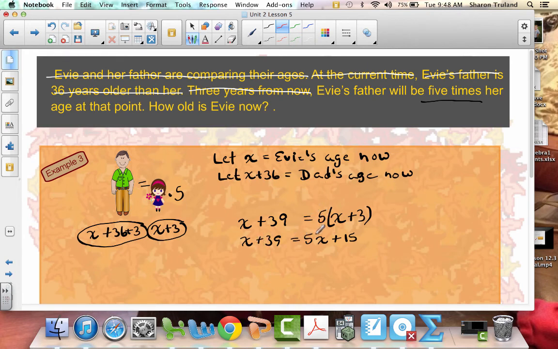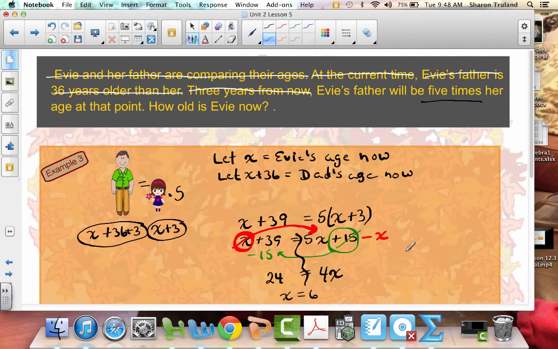In this case, I'm going to move this X over here. And I'm going to move this 15 over there. And when I clean that all up, on this side I have 39 minus 15, which is 24. And then 5x minus x, which is 4x. So I'm thinking x equals 6.